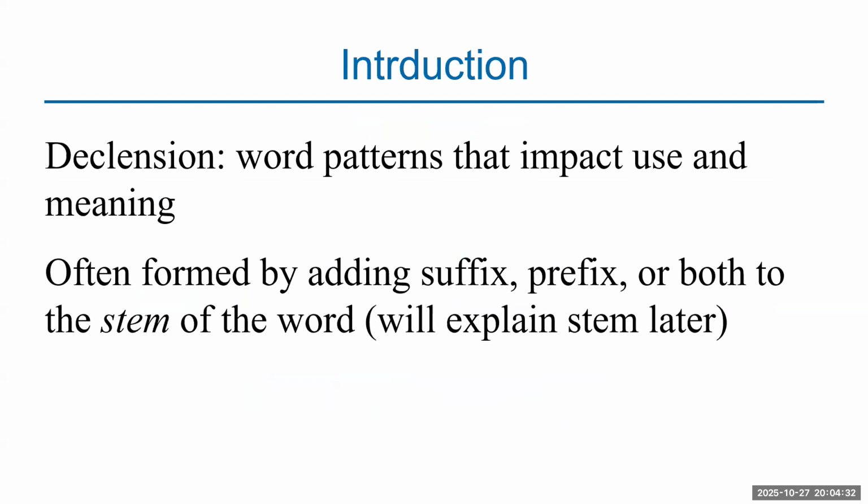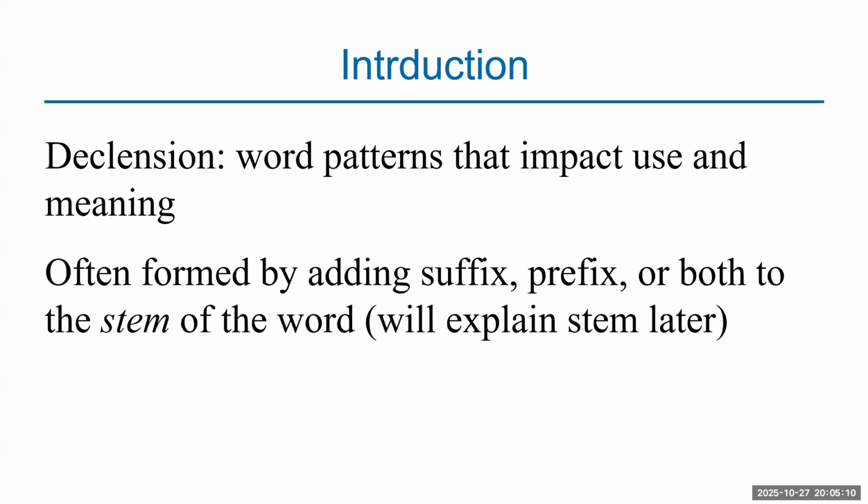That's just a really fancy word that we're going to use a lot to talk about word patterns that impact how you are going to translate the different words and their meaning. When I say meaning, I don't mean their basic meaning. If you think about an English word, like ball, ball might be the subject.